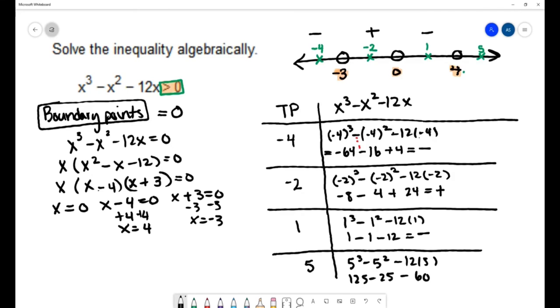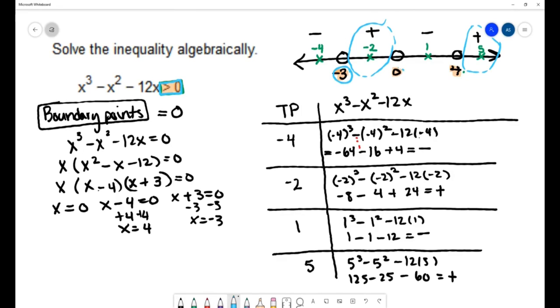So 125 minus 25, that's 100, minus 60. That's going to be a positive. So we get positive for that last interval. So once again, remember, our goal was to have positive values. So we've identified the intervals that give us positive values, and those will be the solutions to the inequality.